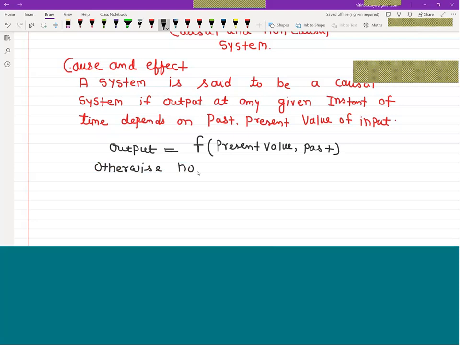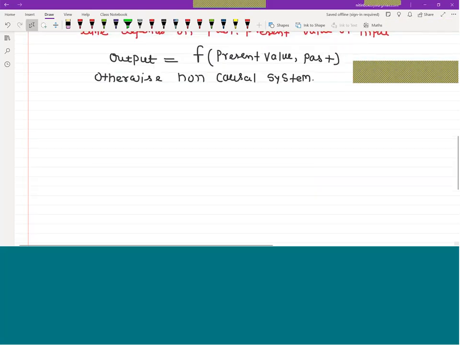So let's check how we can say one system is causal or non-causal.